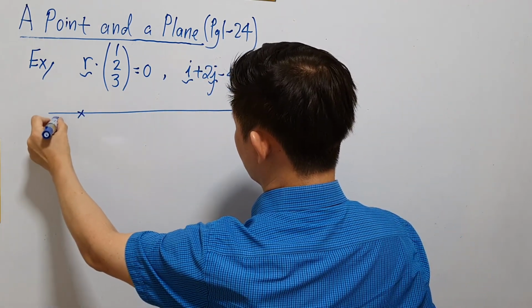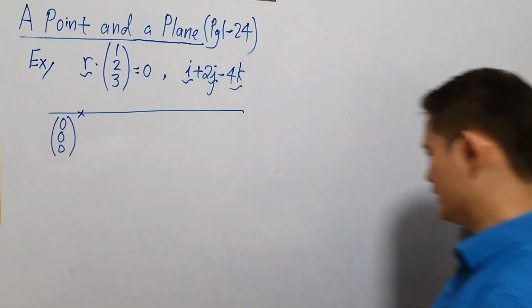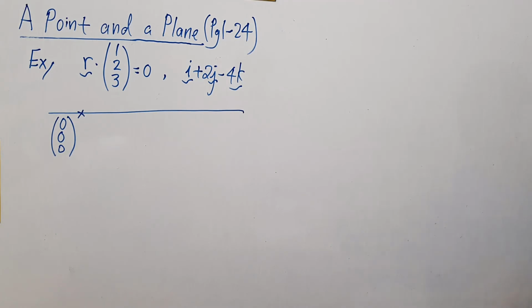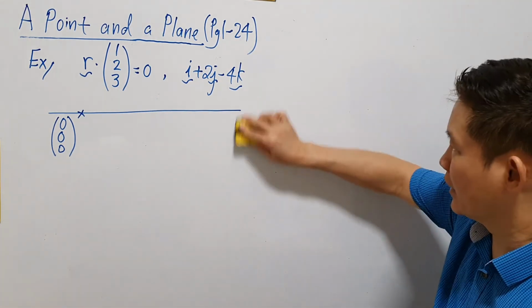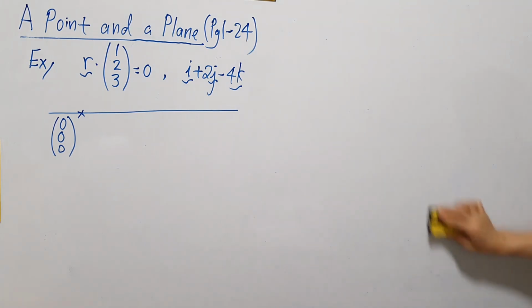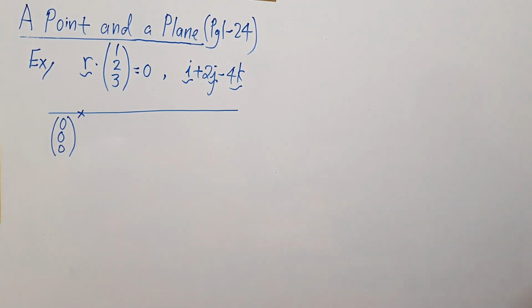The origin 0, 0, 0 is actually on this plane. How do I know that it contains the origin? Simple. When you plug this point inside R, you get a dot product which is 0, and that confirms that the origin is actually on this plane.